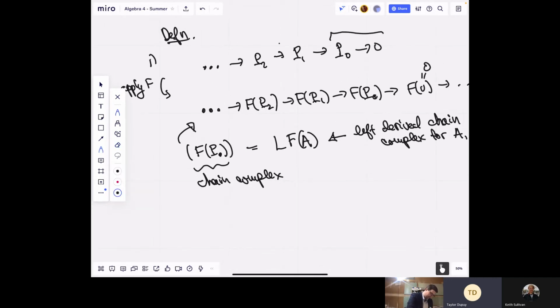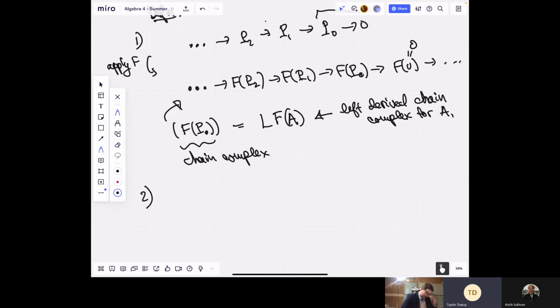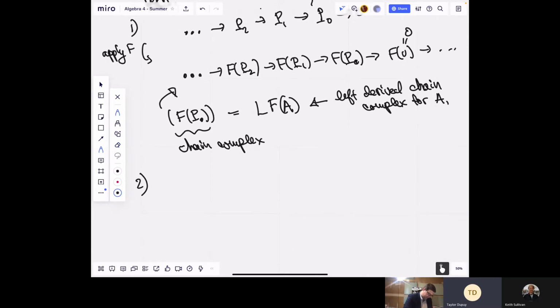So 1 is this, and then 2 is the left-derived functor.